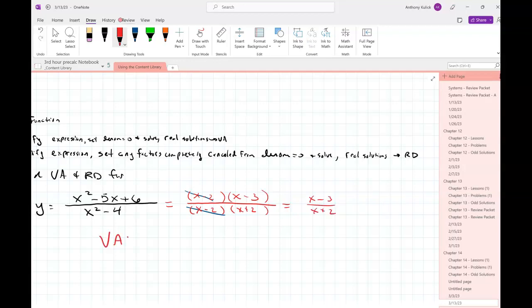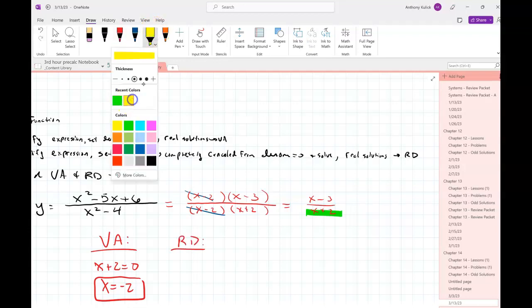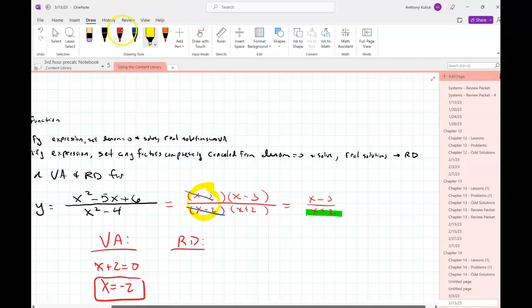So to find my vertical asymptote, I'm going to take the simplified denominator and set it equal to 0. So there's my vertical asymptote. For the removable discontinuity, I'm going to take the part that's completely canceled from the denominator, set that equal to 0, and solve.